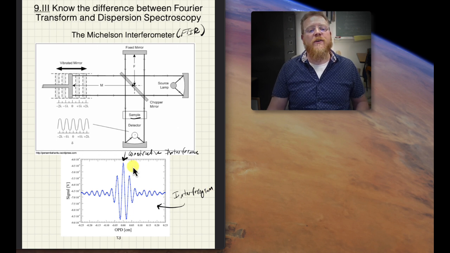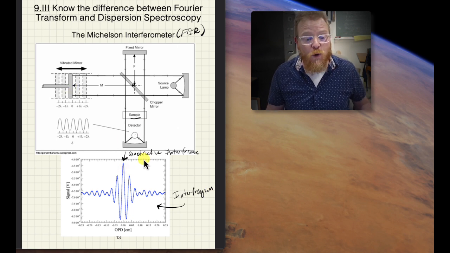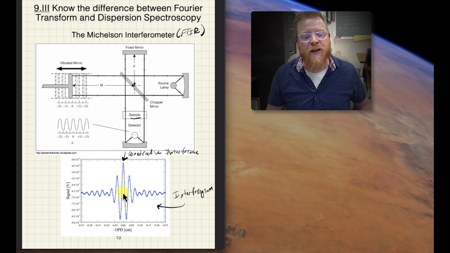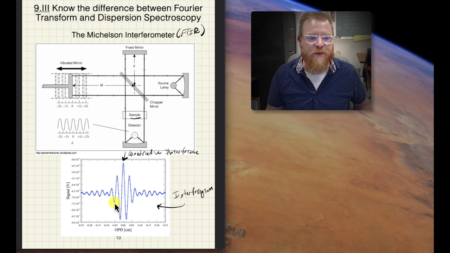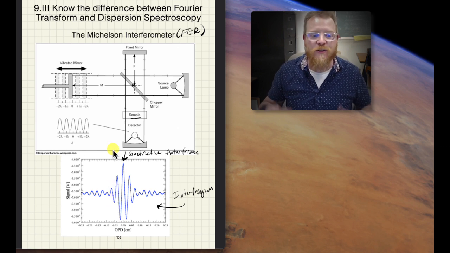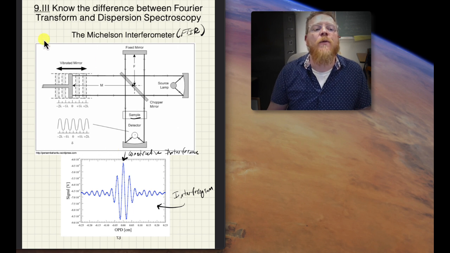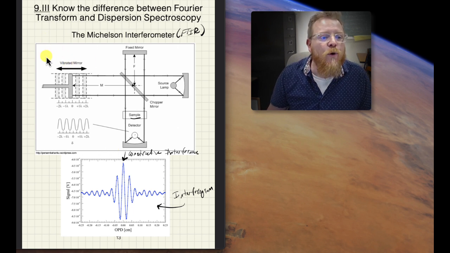Now you can see as the mirror moves, the x-axis is this distance that the mirror is moving. As it moves off the center burst, we will get this convolution of destructive interference and constructive interference, and destructive interference and constructive interference. So we get a complicated interference pattern. Now, this mirror moves at a constant velocity.